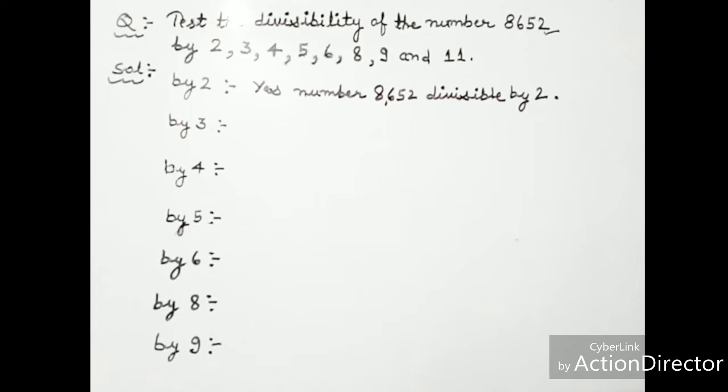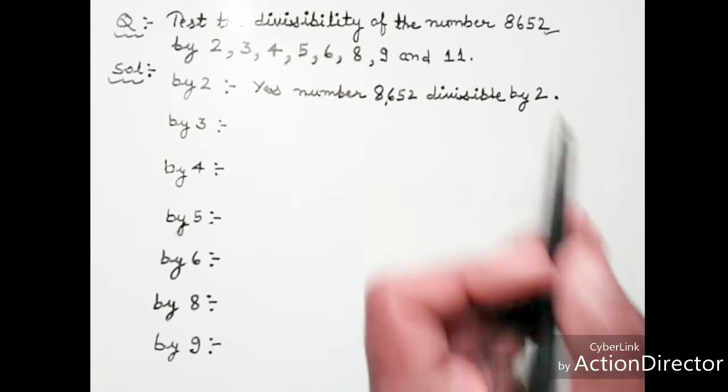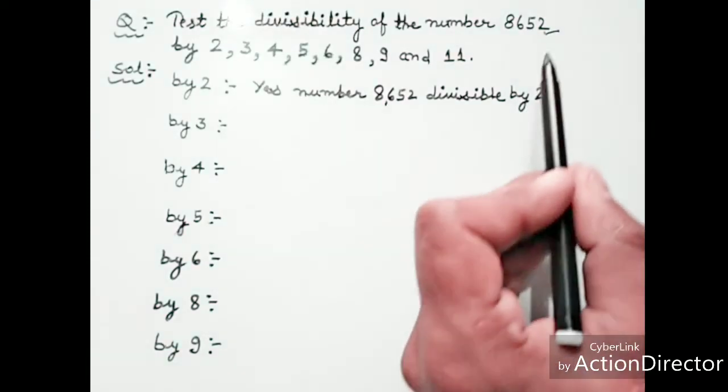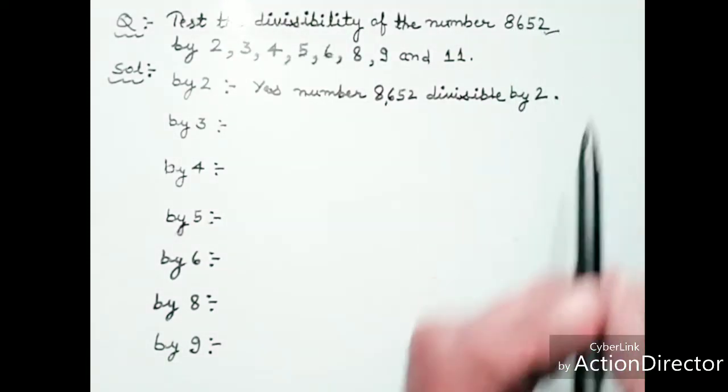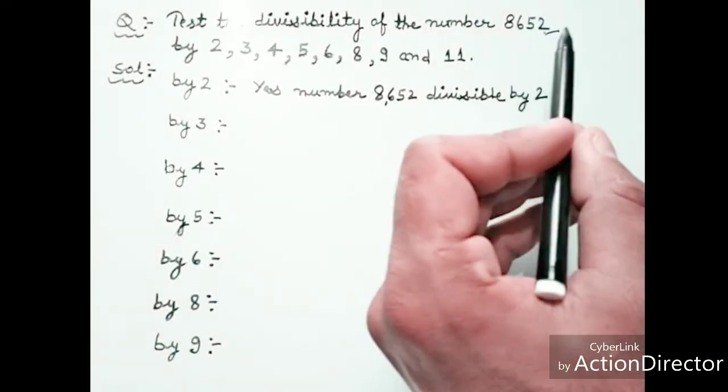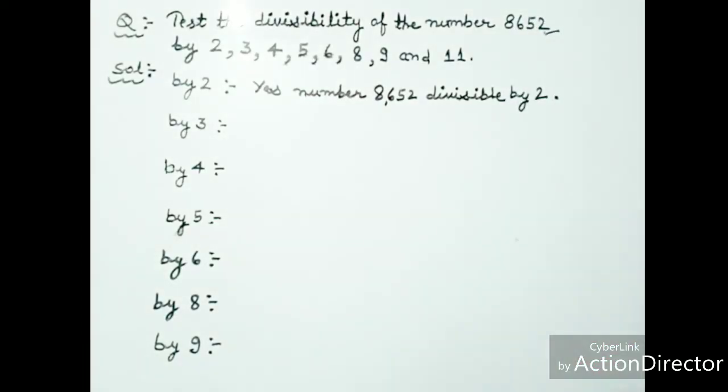Now the divisibility rule of 3. The divisibility rule of 3 says that if the sum of all the digits of the number is divisible by 3, then the whole number is divisible by 3.